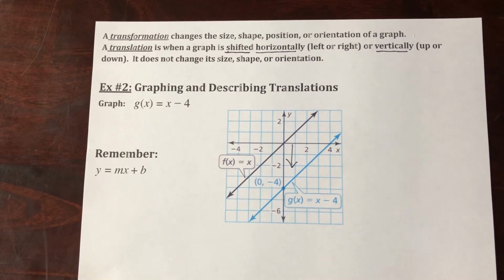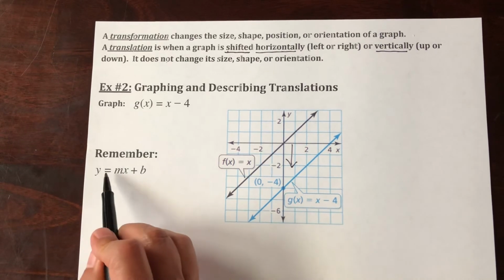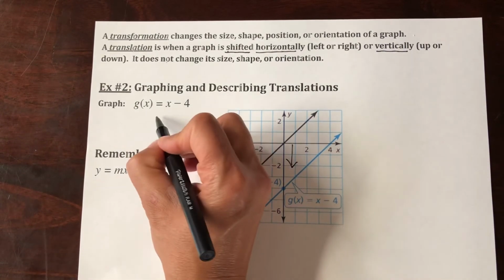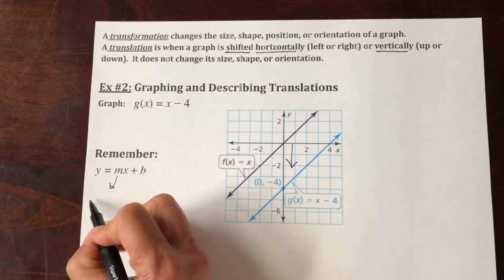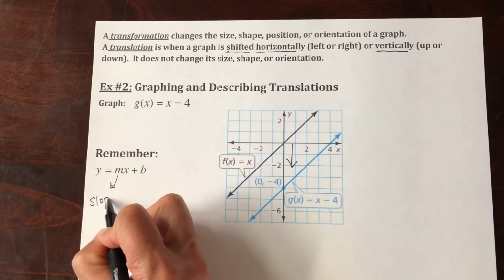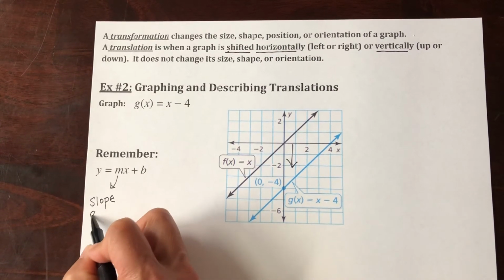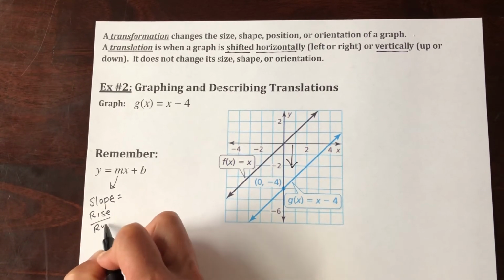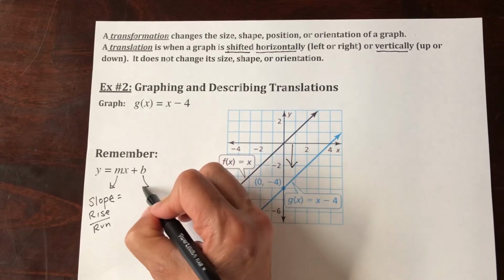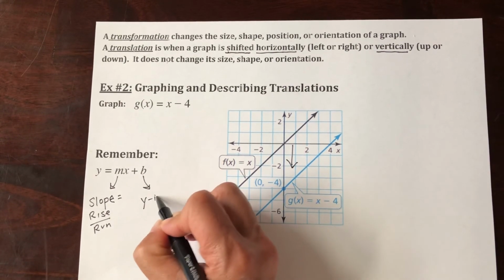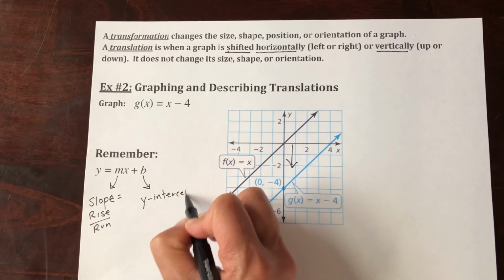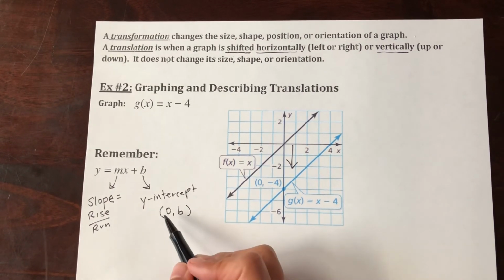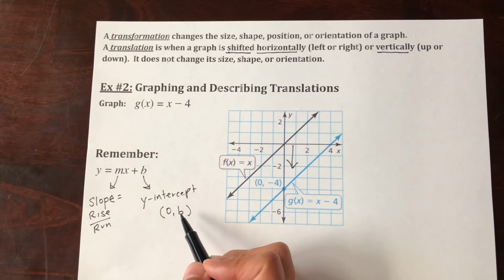Now you should remember from Algebra 1, y equals mx plus b. The m, remember, is our slope, how steep the line is, or the rise over the run. And the b is the y-intercept, which is at 0, b. So where x is 0, y is b.